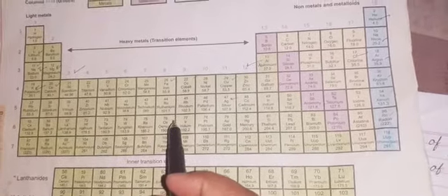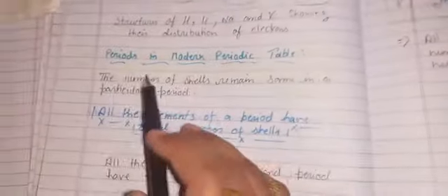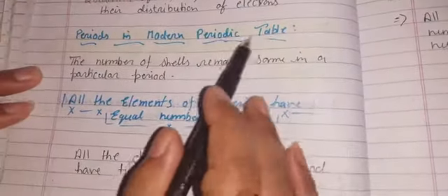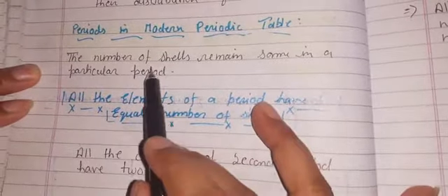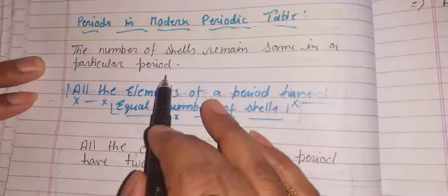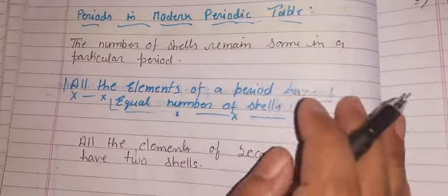Okay children, so let's see what things I am going to explain. Periods in the modern periodic table. The number of cells remains the same in a particular period. What is that? We have to understand.